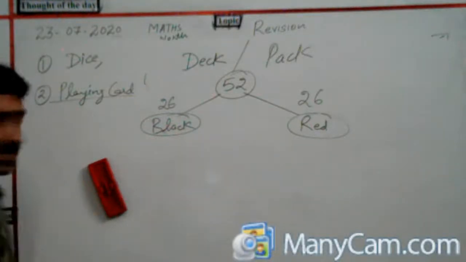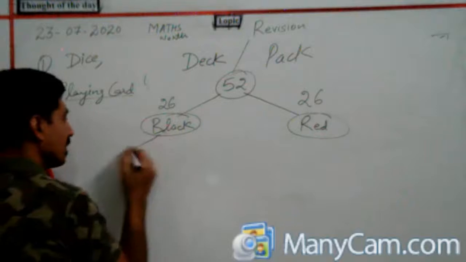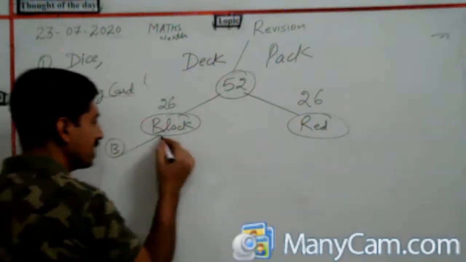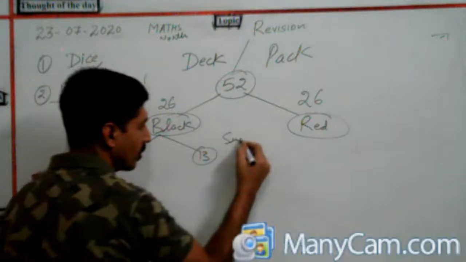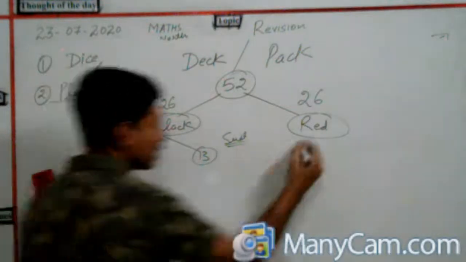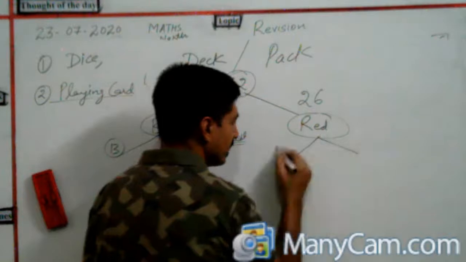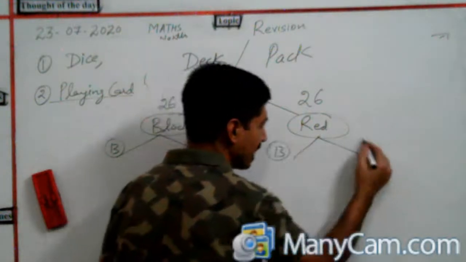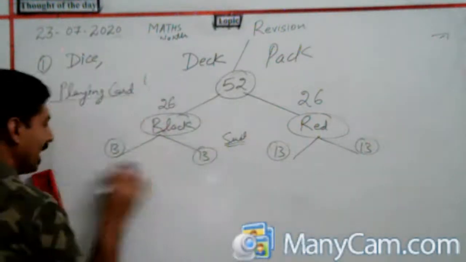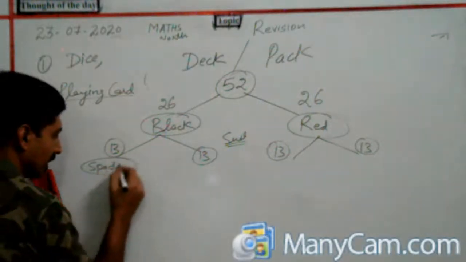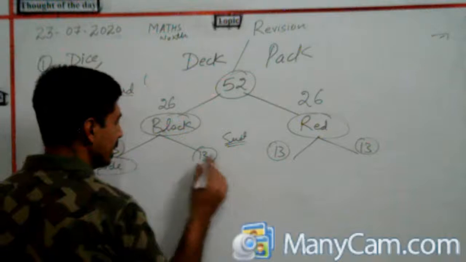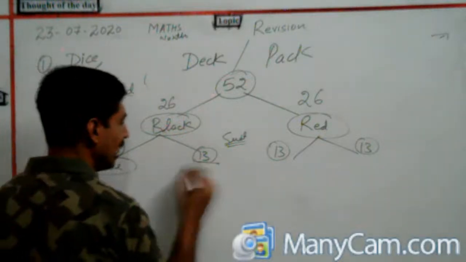Out of these, we have 13 cards of different suits, like their dresses. The 13 black cards are called spade, and these 13 are called club.